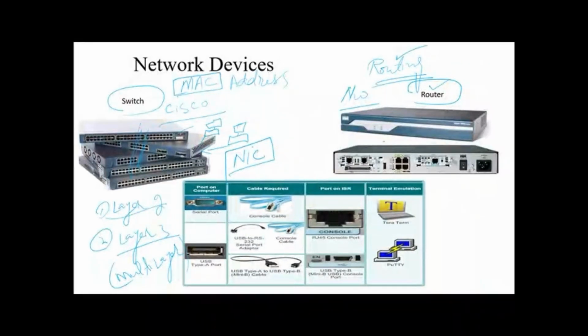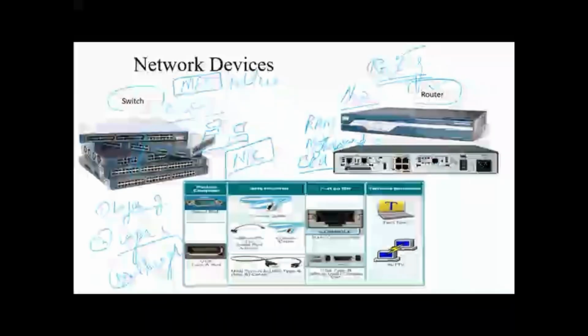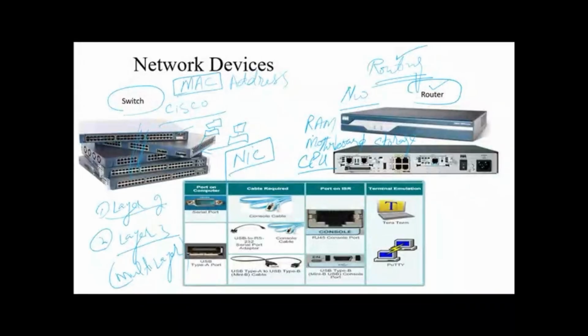Also remember that a router is the same as a computer. It has RAM, a motherboard, a CPU, the central processing unit, as well as storage capacity like the hard disk we use in a computer. So like in a computer we have these main components, similarly we have these in the router as well.